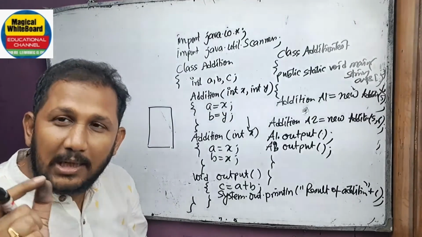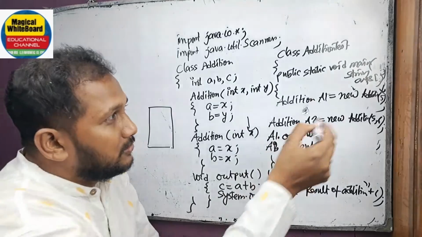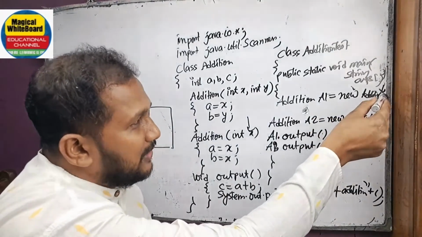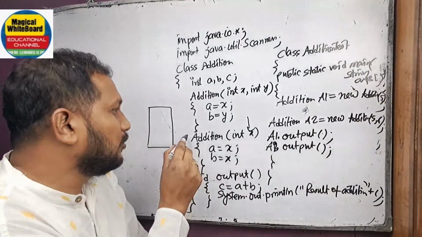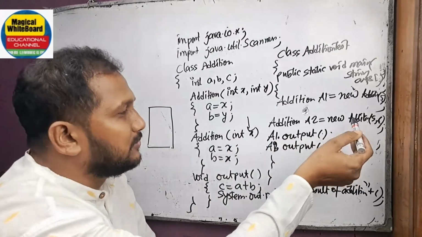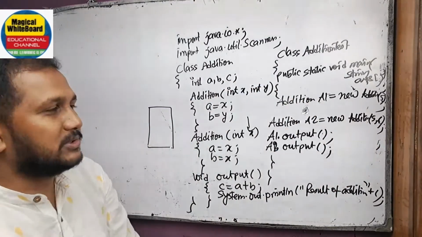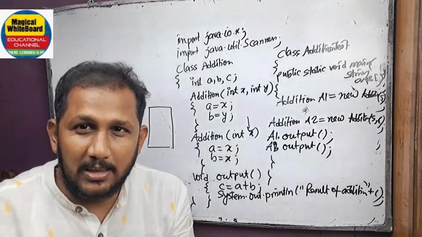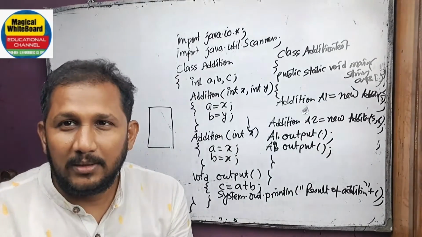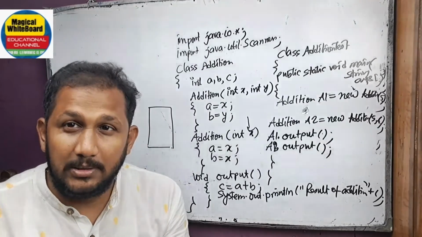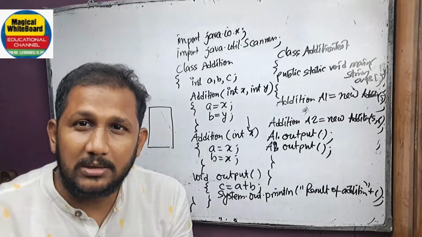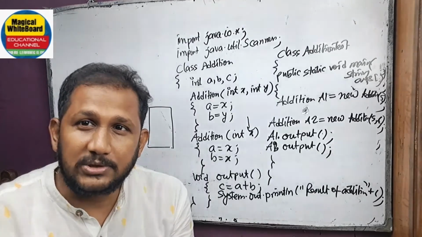That's why it is known as a parameterized constructor. So this 5 will transfer to the one argument constructor, and this 5, 6 will transfer to the two argument constructor. So we can pass parameters within the constructor.